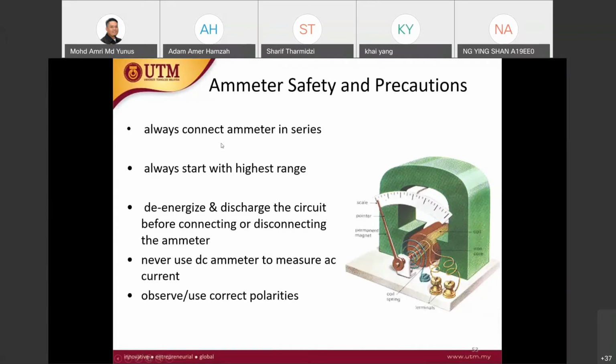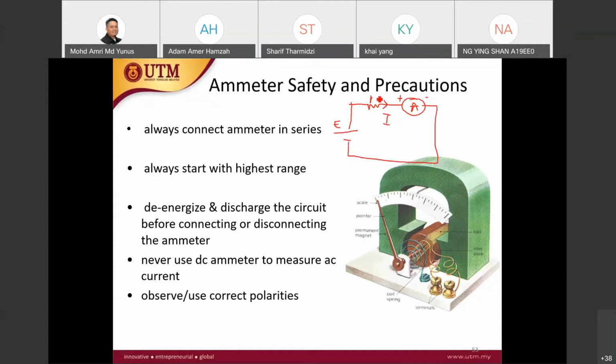So remember that always connect an ammeter in series of the circuit that we want to measure the current. Okay, so basically, if you have any circuit and want to calculate the current, you need to connect an ammeter in series.